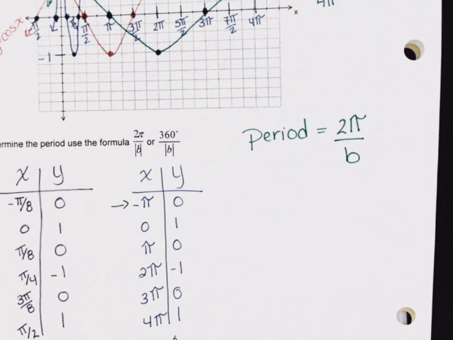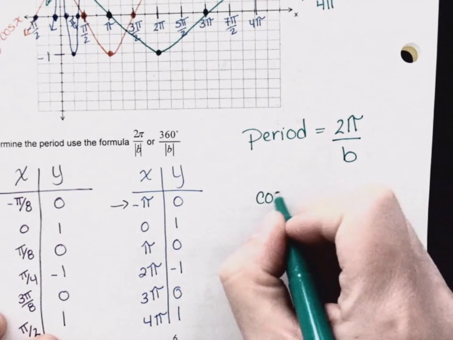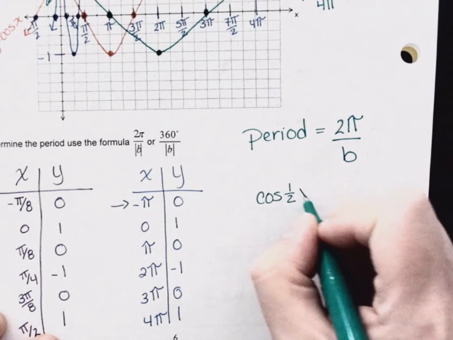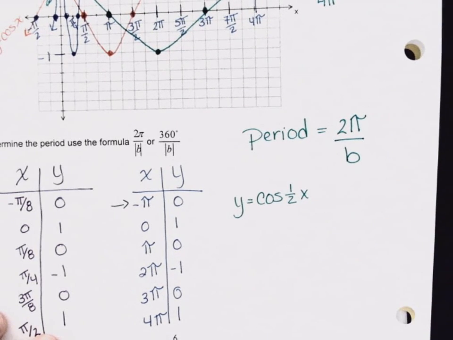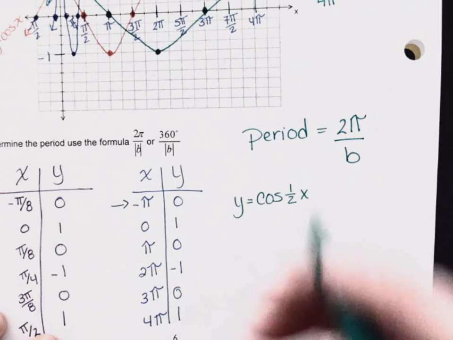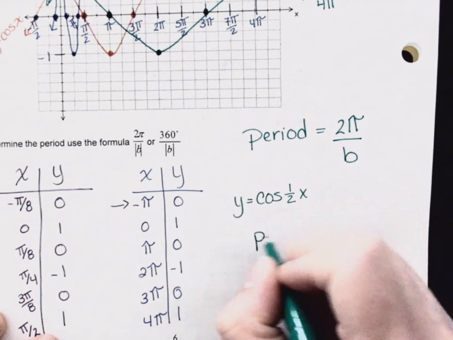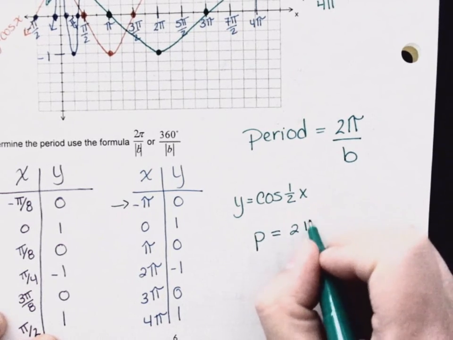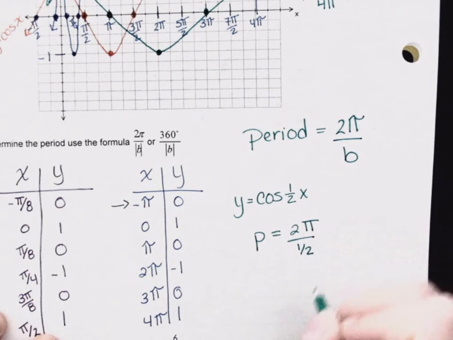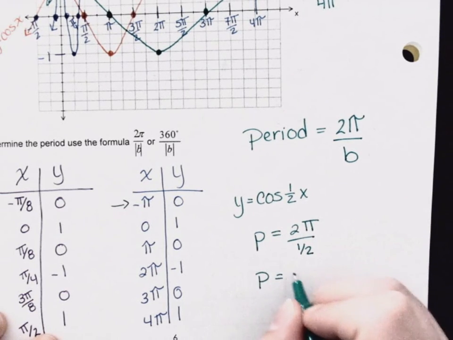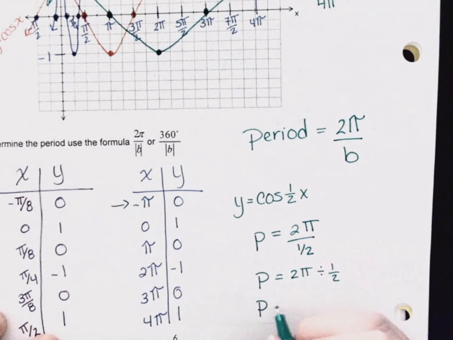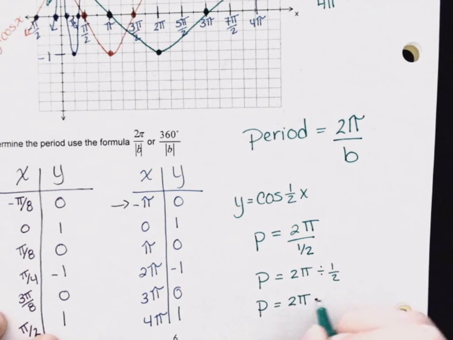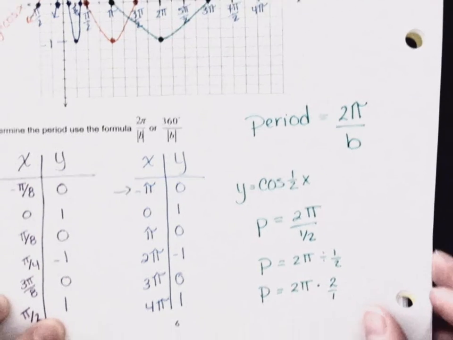Wait, so if you have cos 1/2 x, you do 1/2? Yep. We know the period's 4 pi from the pretty picture, right? But if we do the formula, period is equal to 2 pi divided by 1/2, which is 2 pi times 2/1.